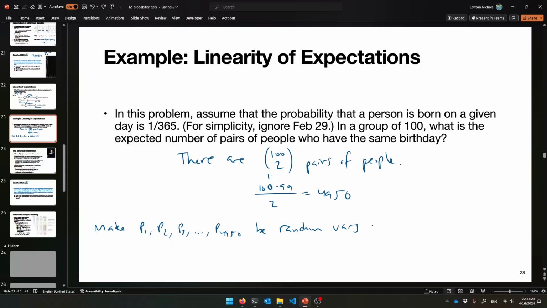So random variables that are 0, because that's all a random variable is. It's a value that you can inspect that gives you back a number. Let's make it 0 if that particular pair doesn't share a birthday, and 1 if they do.